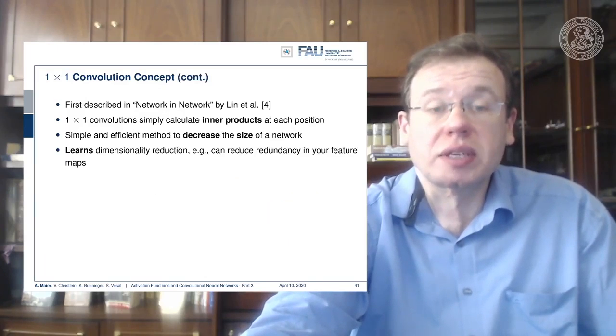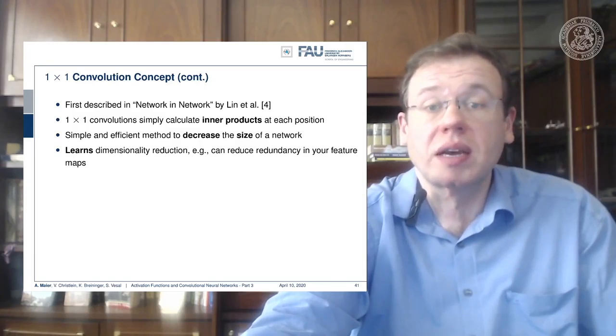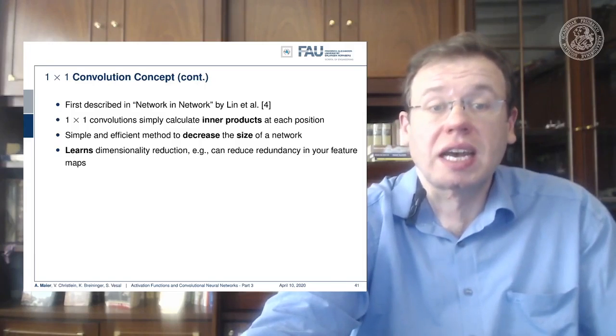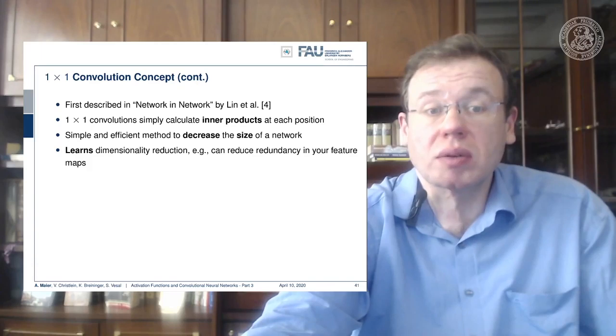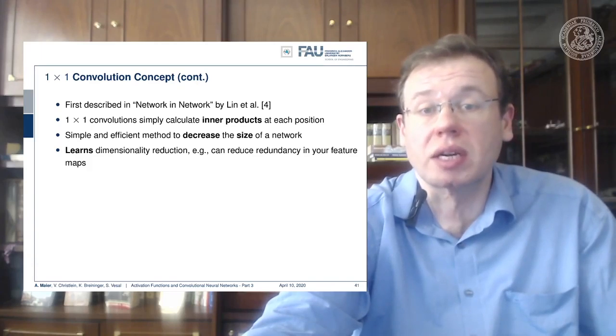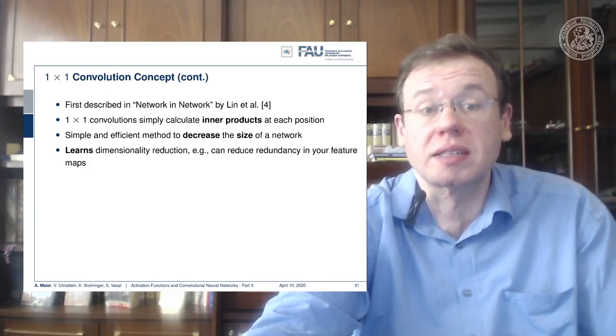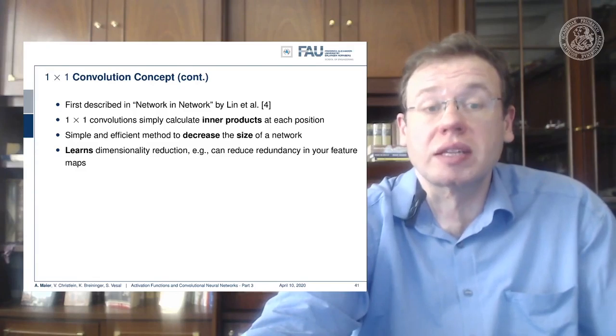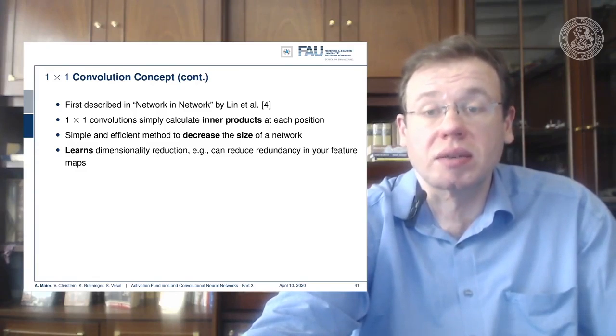So this was first described in the network in network paper that we will also talk about when we talk about architectures. And then these one-by-one convolutions simply calculate the inner products at each position. And this is a very nice method to decrease the size of a network, in particular to compress the channels. And it intrinsically learns the dimensionality reduction and can help you to reduce redundancy in your feature space.